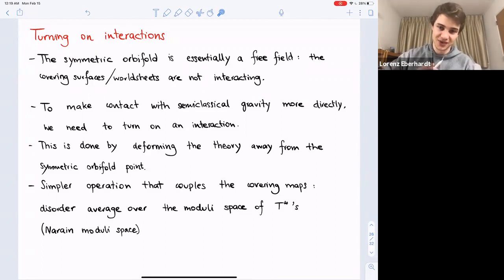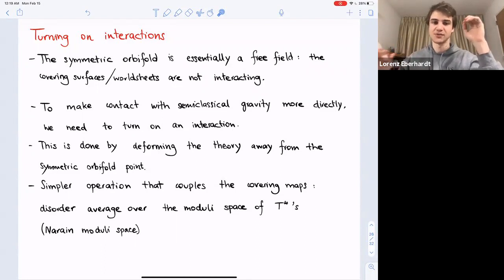So we're just talking essentially about a free field theory. But in gravity, of course, to get semiclassical gravity, we want some strongly interacting CFT. So we somehow want to turn on some interactions. And the usual classical way of doing that is to deform the theory away from the symmetric orbifold point.